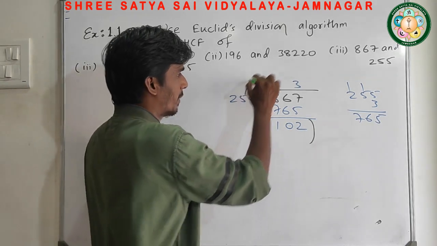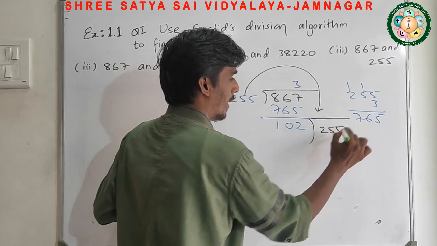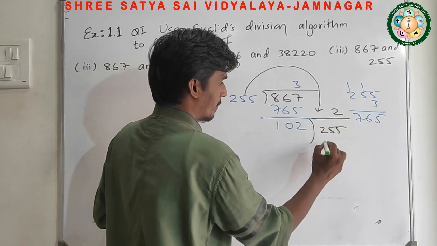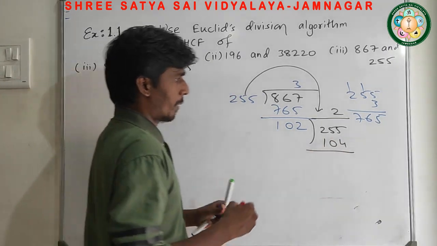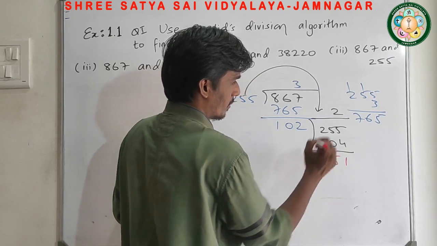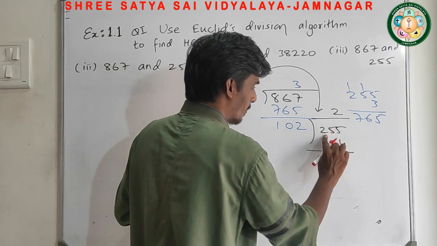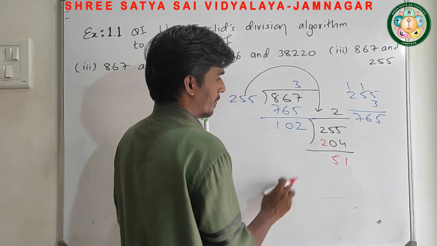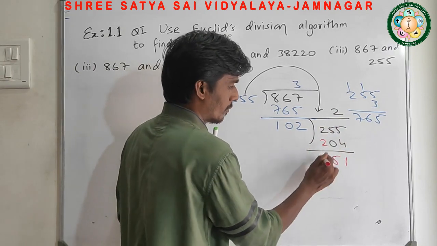Now this divisor becomes the dividend. So divide by 255. 2 times 102 is 204, 255 minus 204 is 51. Sorry, 255 divided by 102, it's 2, 204, remainder 51.